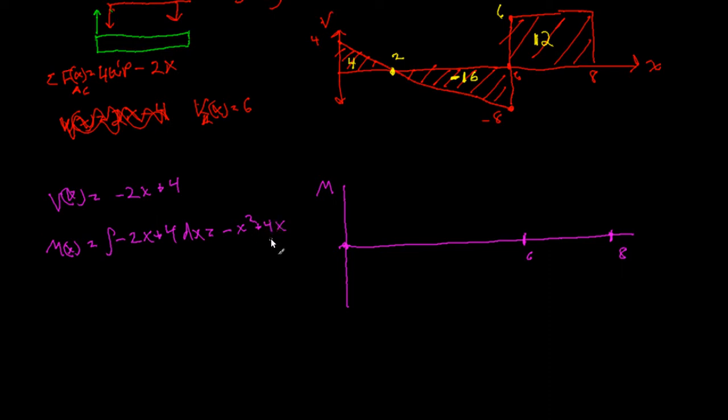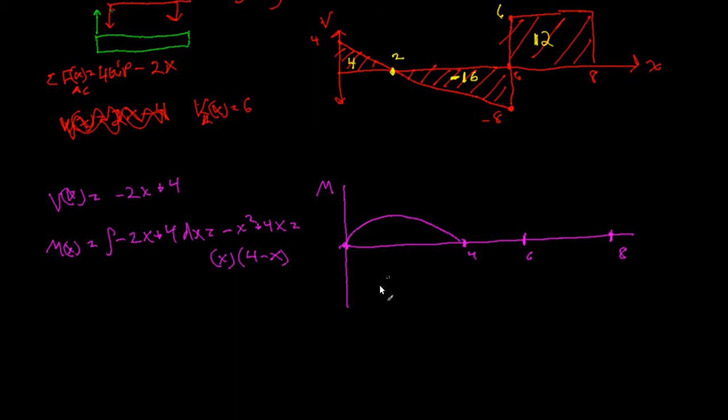Alright, and set that equal to 0. x times 4 minus x. You get that there's a 0 at 4. So 4 here, and since this is negative, we know that it goes up. So our parabola here can look something like this.